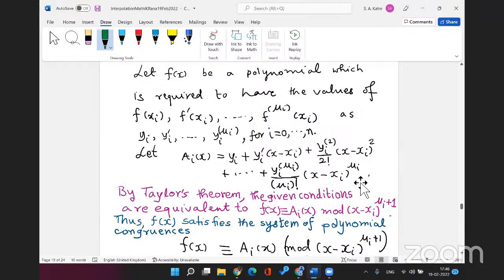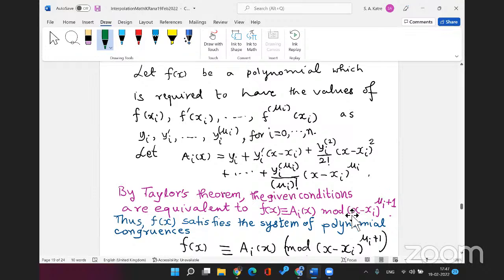Now we are using Taylor's theorem here. Using Taylor's theorem, if you want to expand any polynomial in powers of x minus x_i, the initial terms are like this: the value of the function at x_i, then derivative into x minus x_i, second derivative upon 2 factorial into (x minus x_i) square, and so on. This is the Taylor expansion, and you can stop anywhere.